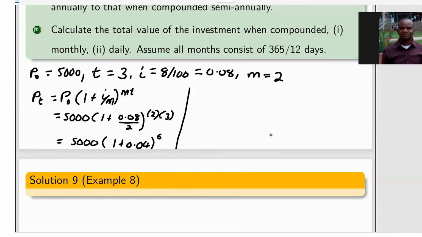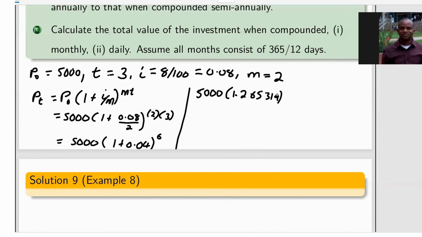So you get your calculator, then you punch 5,000, then actually you can start with the 1 plus 0.04. What you're going to have is 1.04, then to the power 6. So this value to the power 6, you get 1.265319. So you're going to have 5,000 times 1.265319.